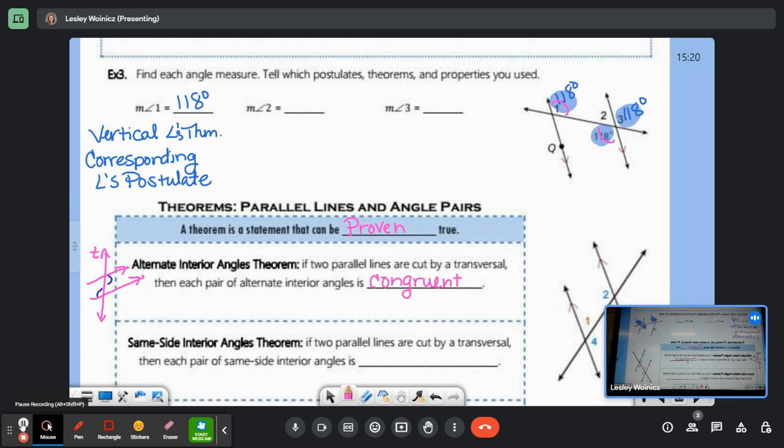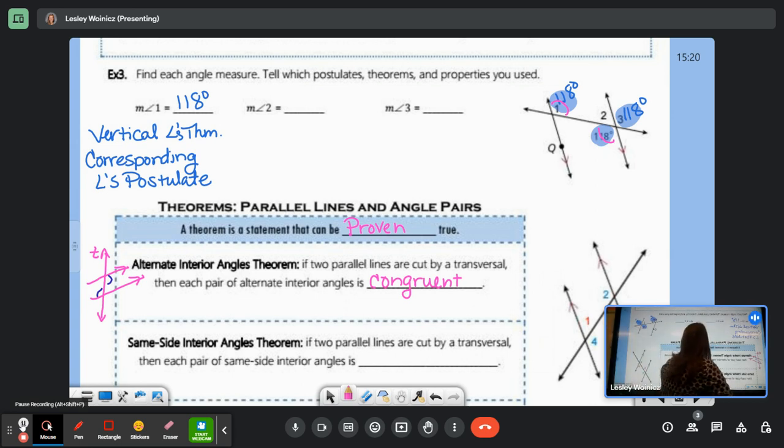I have to accept that corresponding angles are congruent. That is a postulate, but I can prove that the alternate interiors are congruent using the vertical angles theorem and the corresponding angles postulate. Does everybody see how this theorem is a logical consequence of those? Everybody got it? All right, perfect.